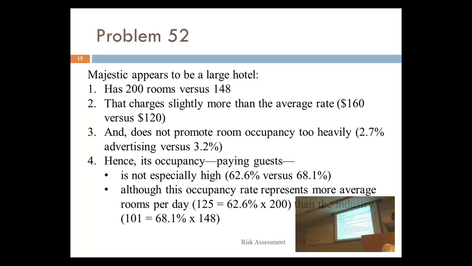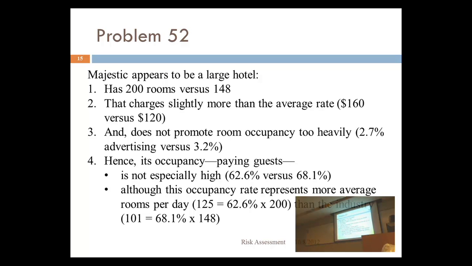So I pointed out 200 rooms versus 148. So they're somewhat larger than the industry they're being compared to. Their charges are slightly more than the average rate, 160 versus 120. So are they overcharging for the market? Are they providing services that their competitors are not providing?